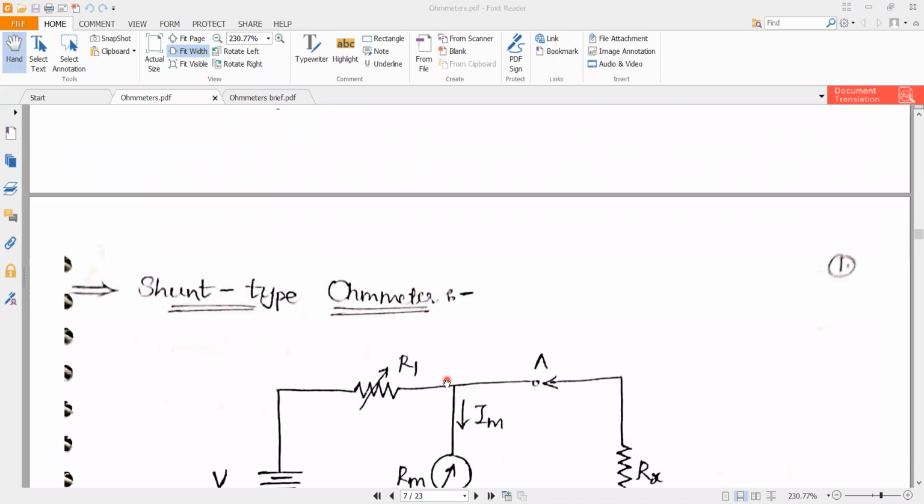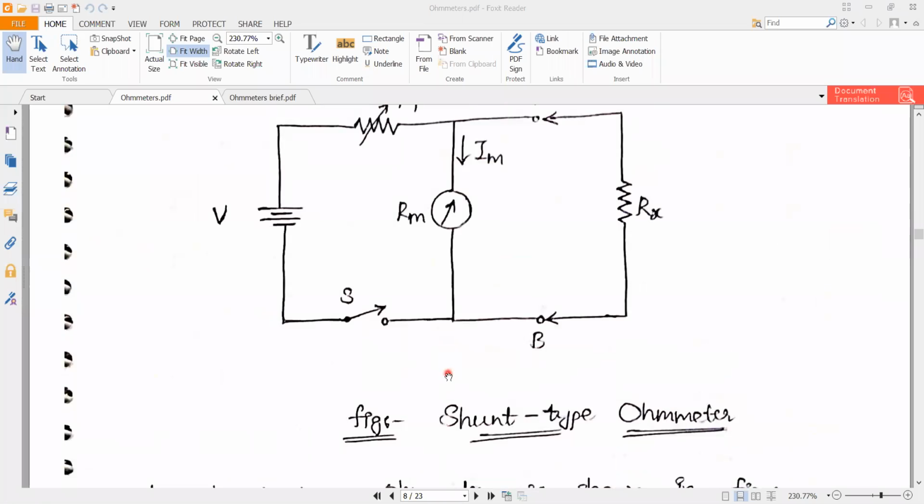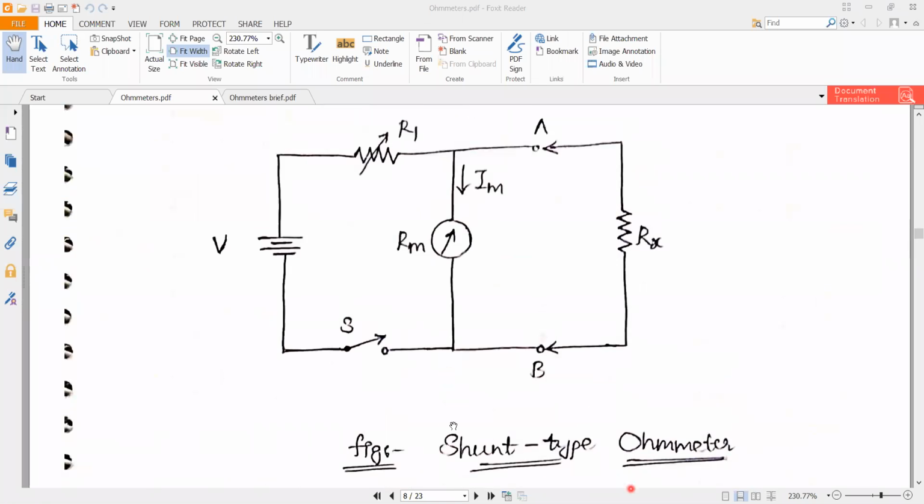Next one is the shunt type ohm meter. In this shunt type ohm meter, first we will see the construction part. This is the voltage supply.